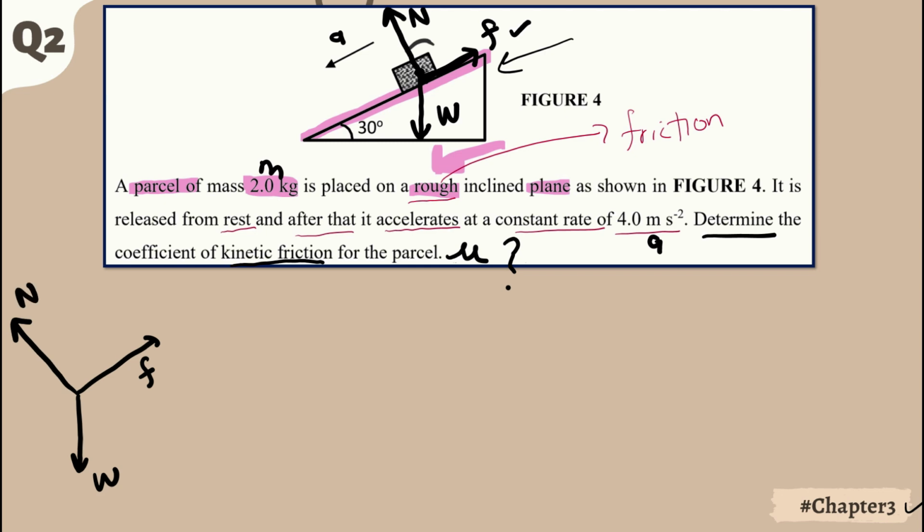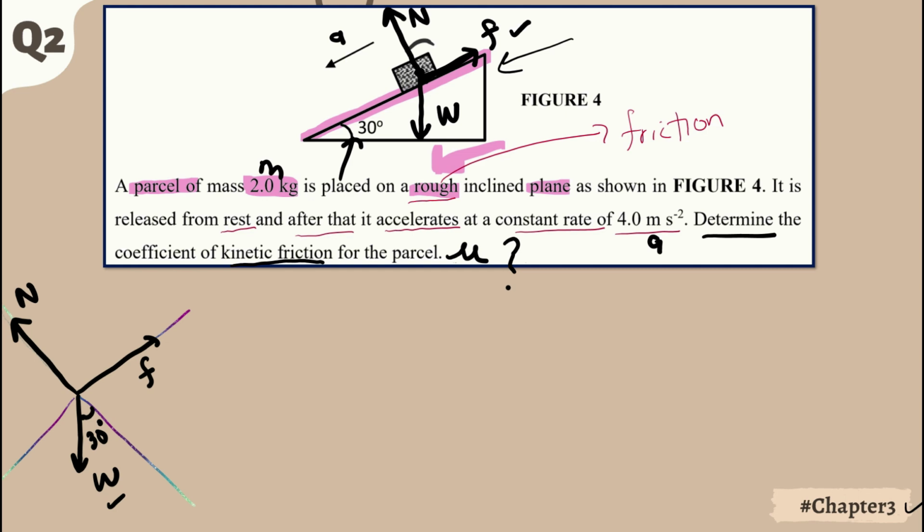Then you can see here that if we assume this is our y-axis and this is our x-axis, with the angle of 30 degrees here, our W is not lying exactly on the x and y axes. Then we need to resolve.